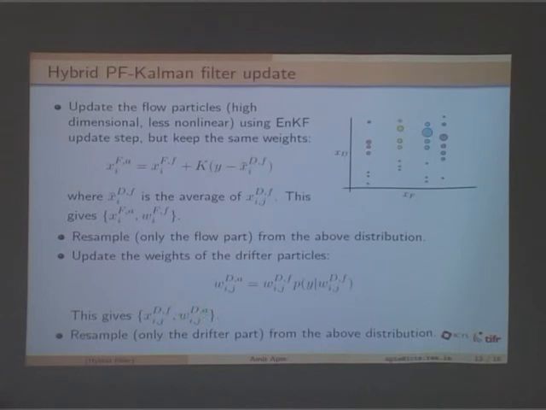Now you can also resample from that distribution to make them all equal weight. The circles are supposedly proportional to the weight, but at the end of this whole procedure, these would have shifted only in the flow direction, and all of them will have equal weight. Then you start all over again and go forward in time, and that's a specific proposal of importance sampling.